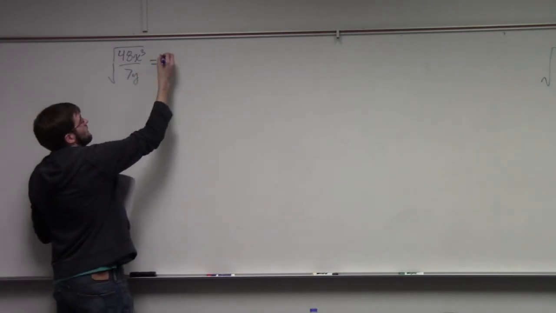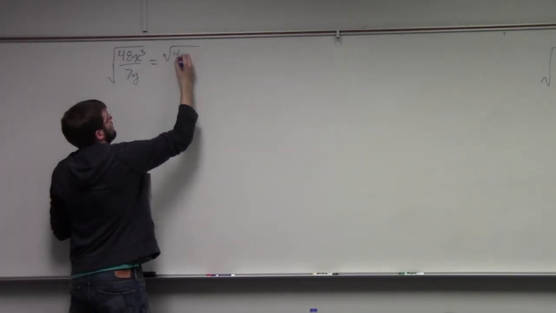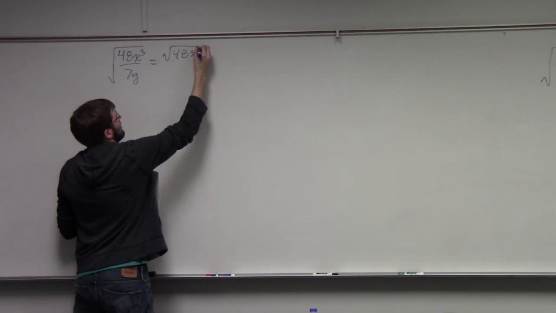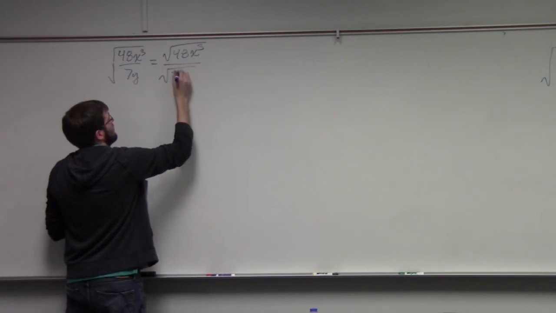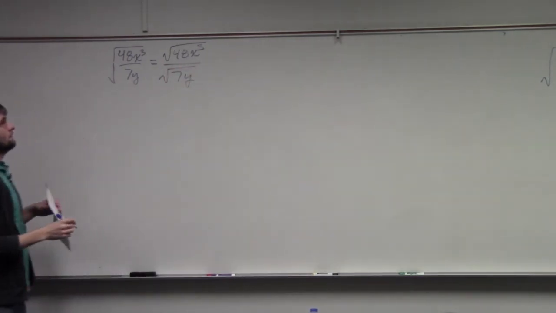Well, yeah, this one can break. We can break up this top guy. But let's break this guy up first. So I have the square root of 48x cubed over the square root of 7y.